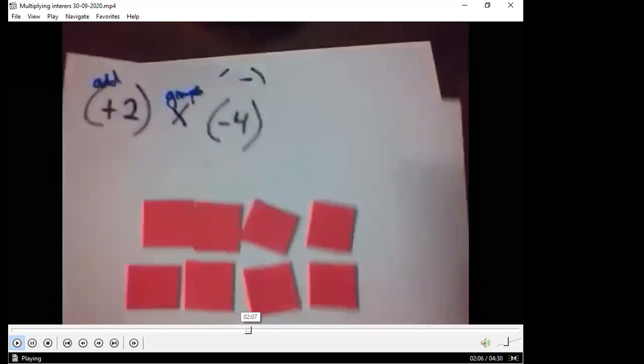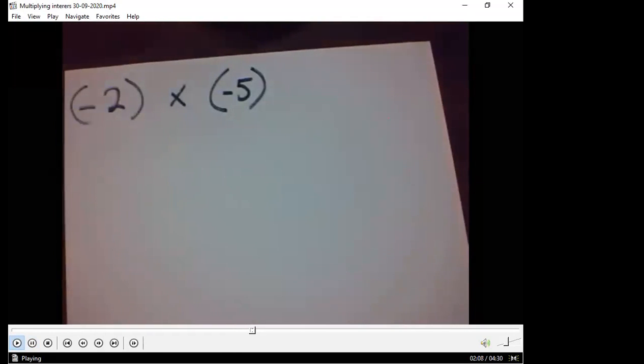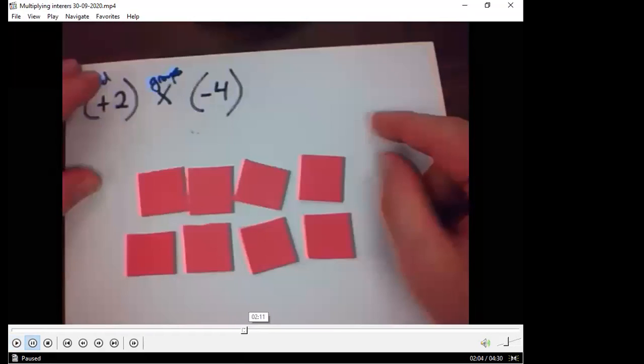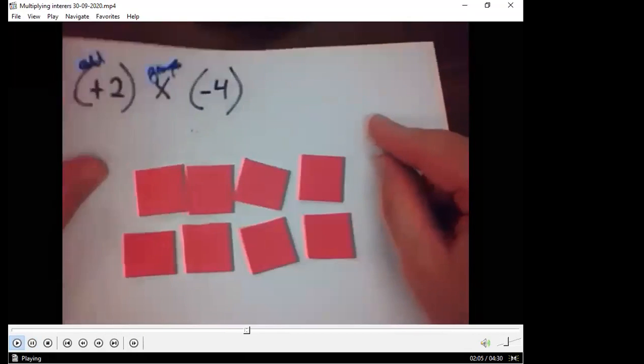Like this question, which I will give to you. I want to solve this question. This one was 2 times negative 4. Now we want to move to another question. Can anyone translate to me the meaning of this question?